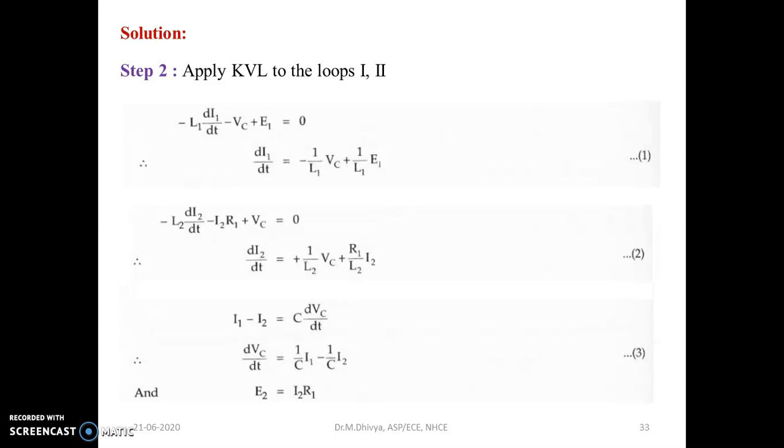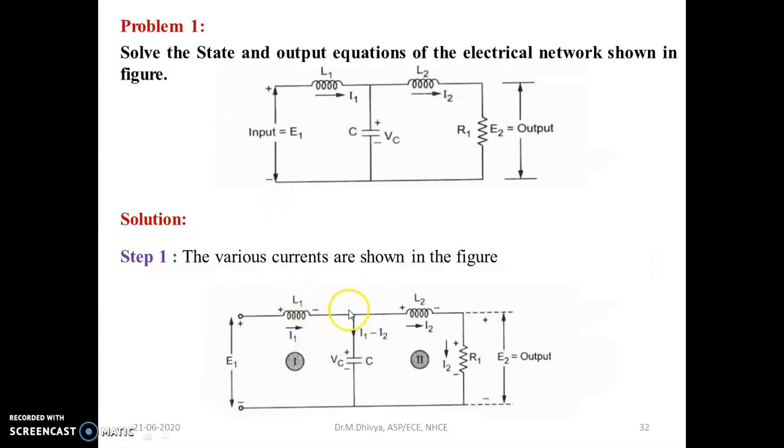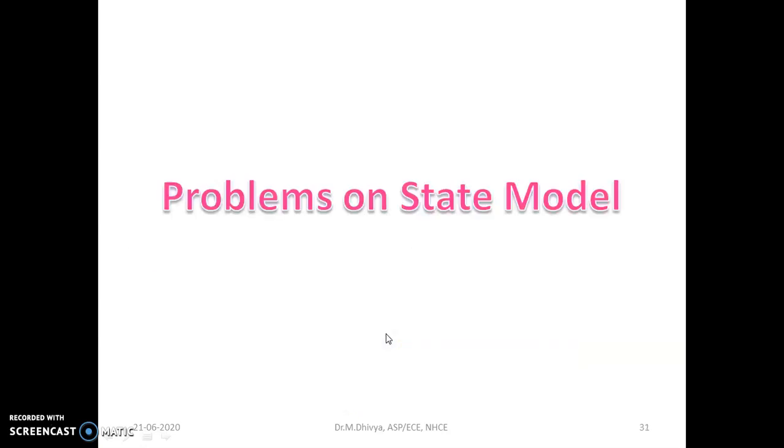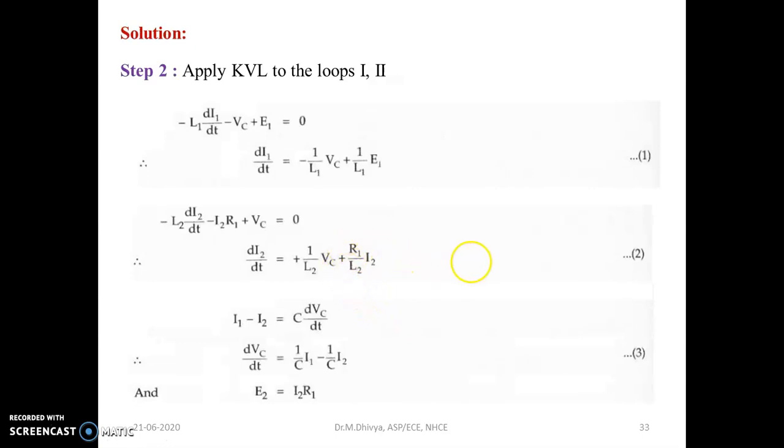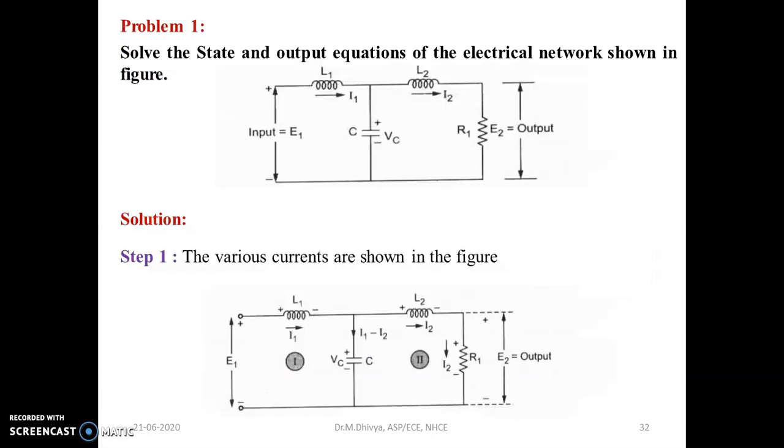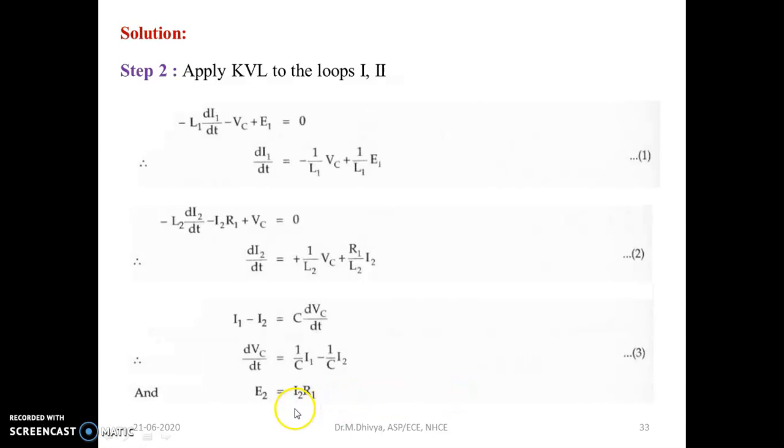Similarly, the current which is flowing through this capacitor is given by I1 minus I2 is equal to C into dVc divided by dt. From this, dVc divided by dt can be written as 1 divided by C into I1 minus 1 divided by C into I2. The voltage across the resistor R1 is given by E2 is equal to I2 into R1.